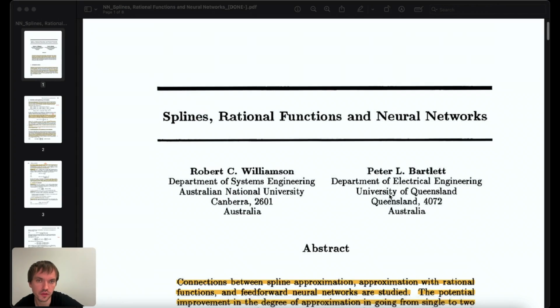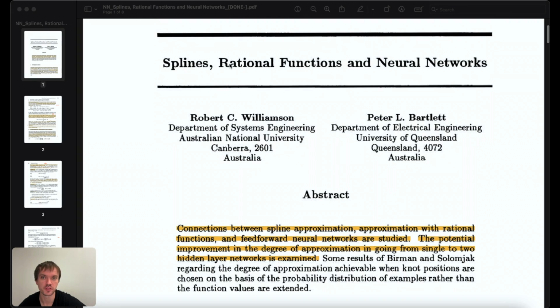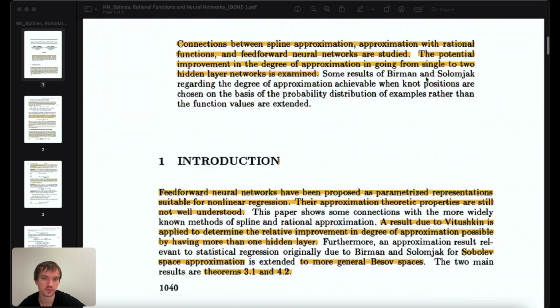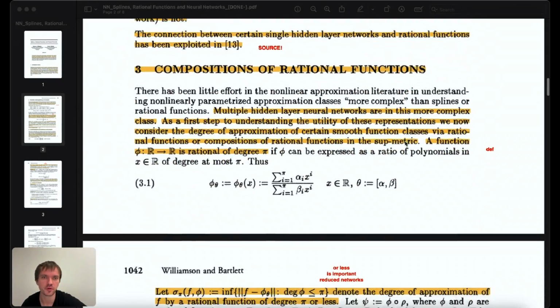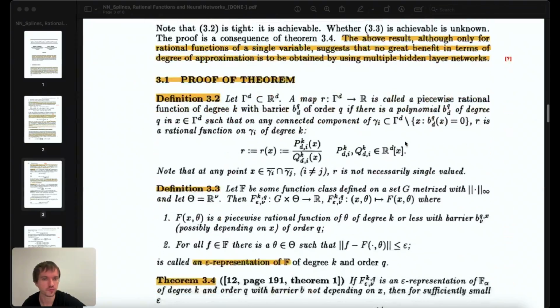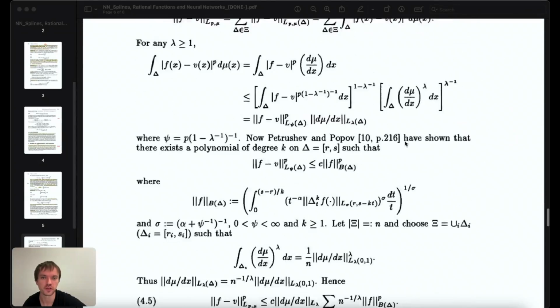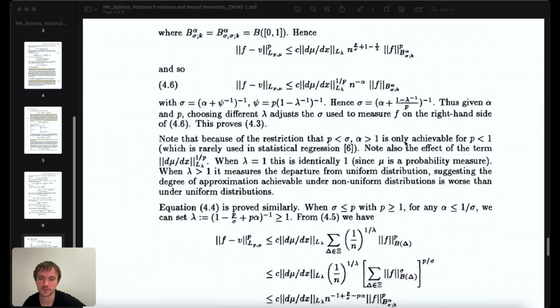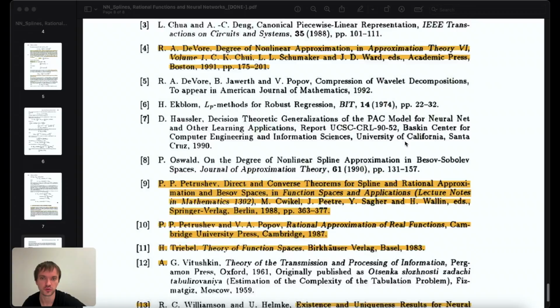Also, I read this interesting and amazing paper. I learned a lot from it about splines, rational functions, and neural networks. Half of the paper was pretty clear to me up to a certain page, and you can see the page when it's not clear anymore, when I don't do any annotations. And I actually learned a lot and found a couple of good sources to continue reading.